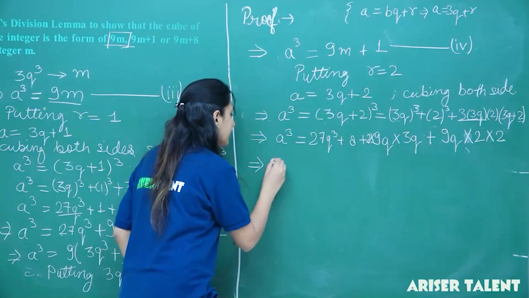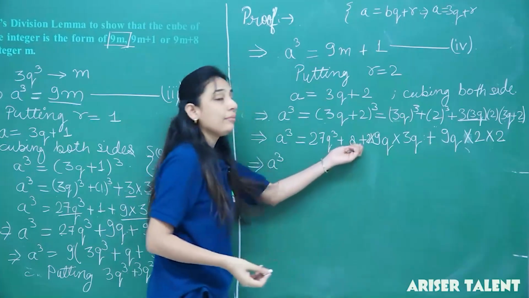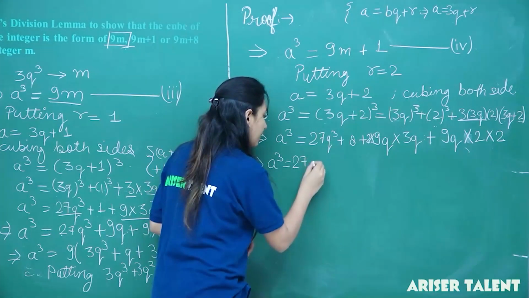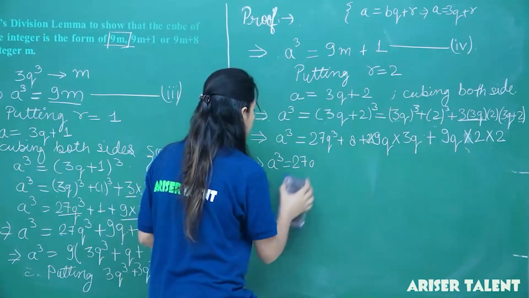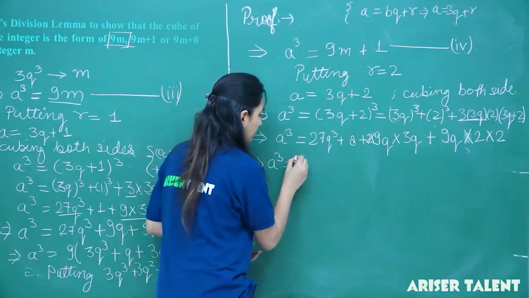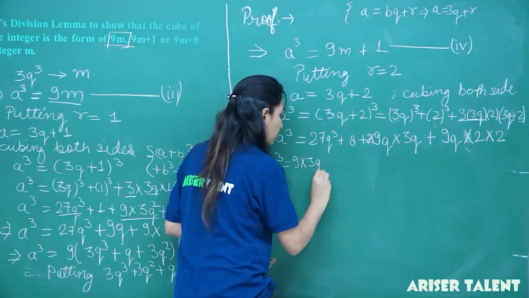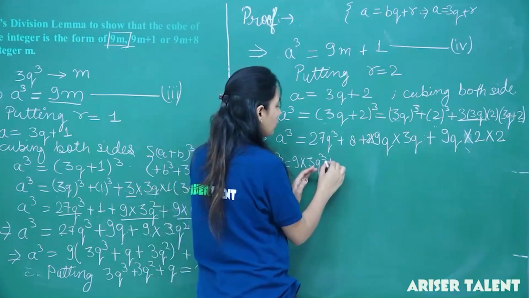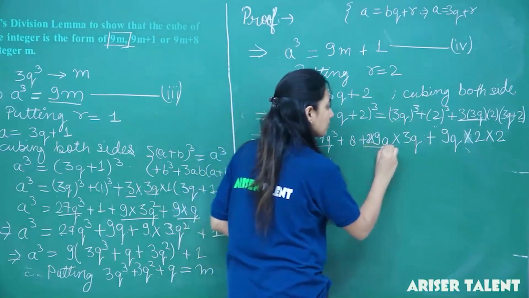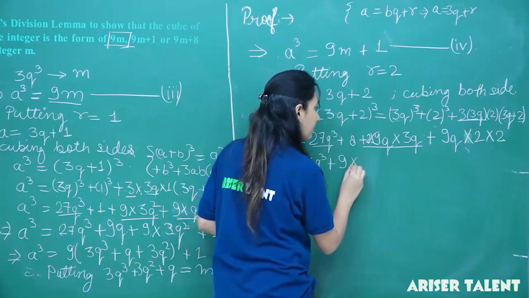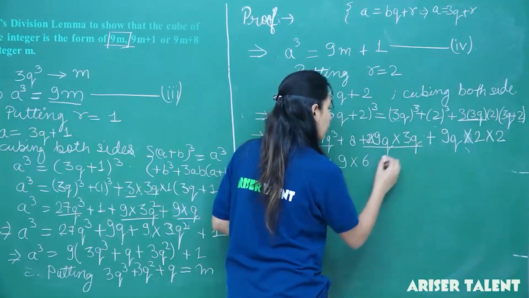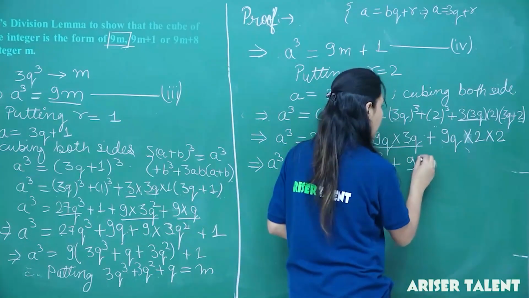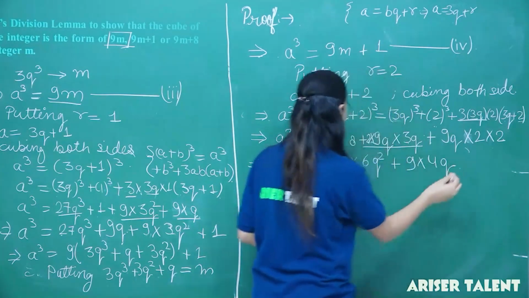Now we will rearrange it. I am leaving 8 for the very end. Now 27 can be written as 9 multiplied by 3q cube, plus 9 multiplied by 6q square, plus 9 multiplied by 4q.